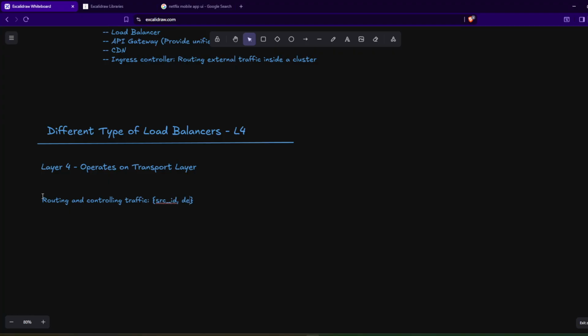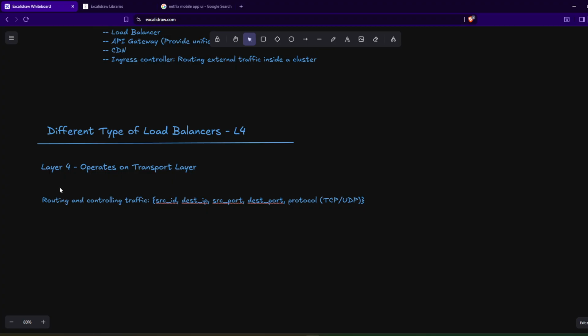That is the source IP, the destination IP, the source port, the destination port, and the protocol. Okay, here we have these 5 elements. Protocol means whether it is TCP or UDP, right?